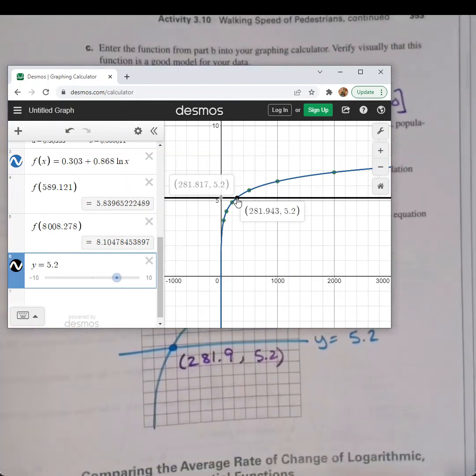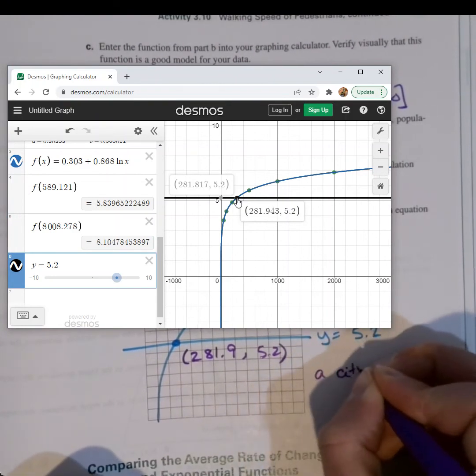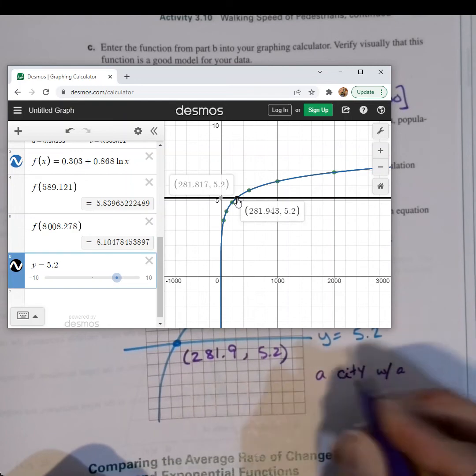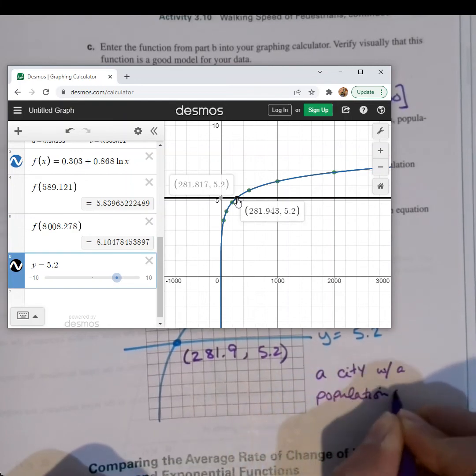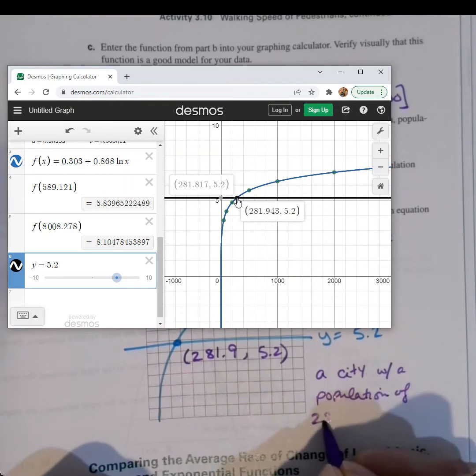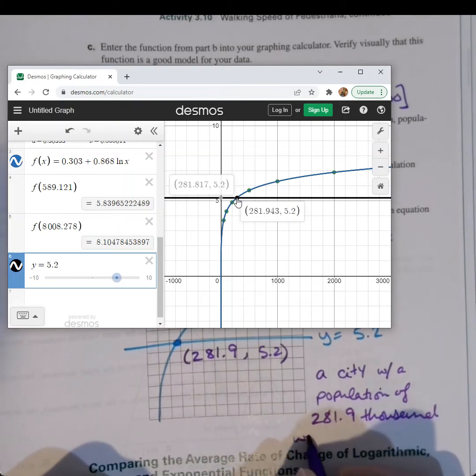So this means that a city with a population of 281.9 thousand would have a walking speed of 5.2 feet per second.